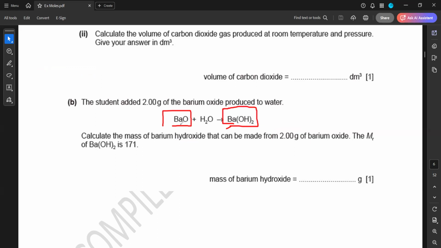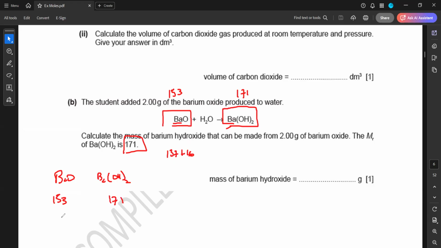What is the mass of barium oxide? Barium is 137 plus oxygen is 16, so the total mass will be 153. And barium hydroxide is 171; its mass is already given. So what is the ratio of the mass for barium oxide and barium hydroxide? 153 and 171.